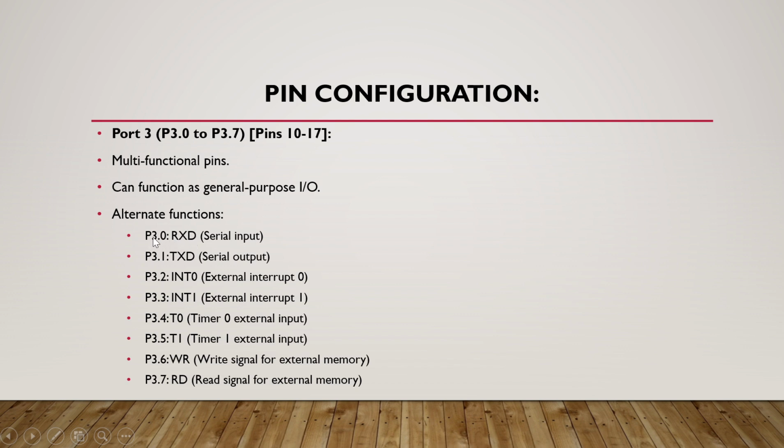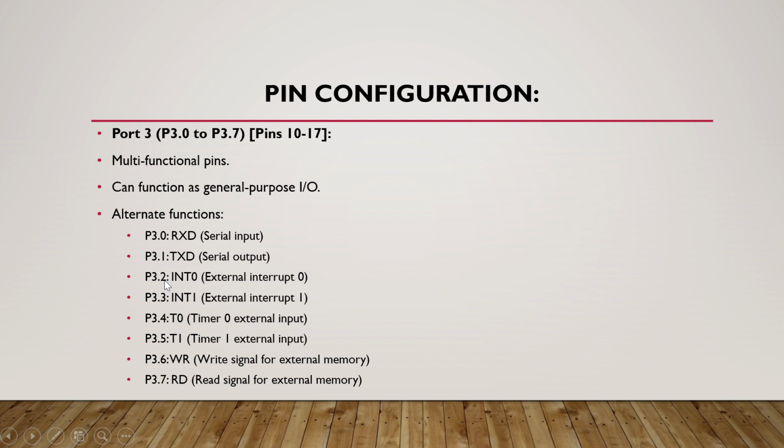For example, port 3 pin 0 is the serial input pin, or receiver pin. Next, port 3 pin 1 is the serial output pin, or transmitter pin.